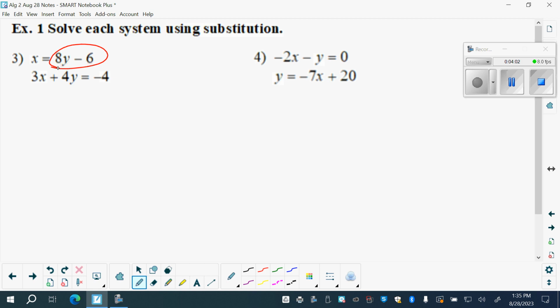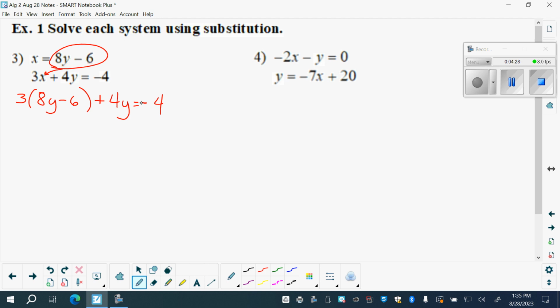And so we're going to substitute this in place of the x value here. So we have 3 times (8y minus 6) plus 4y is equal to -4. And we do that so that we can eliminate a variable, and then we can solve for one variable.